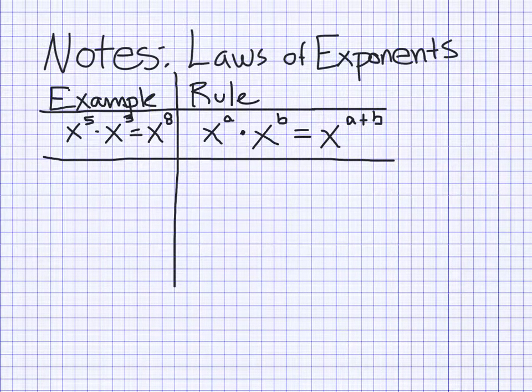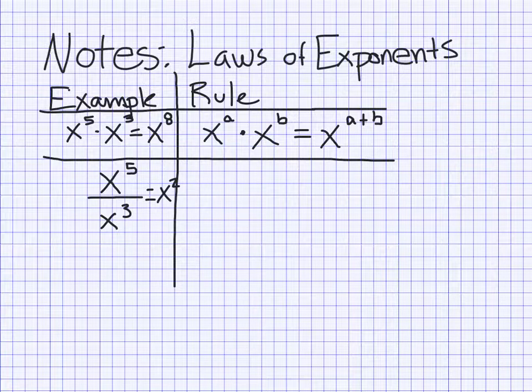So next we looked at what happens when you divide, or when you have a fraction. So let's say we have x to the 5th over x to the 3rd. We saw how if you wrote this out, you would end up with 5 x's multiplying on the top, 3 x's multiplying on the bottom, and 3 of them would cancel from both top and bottom, leaving you with just x squared.